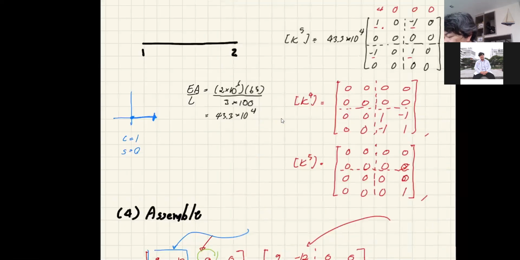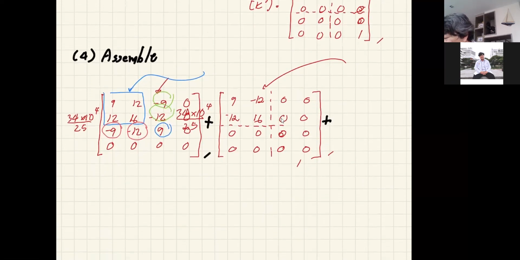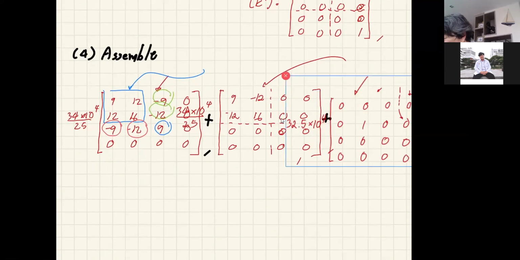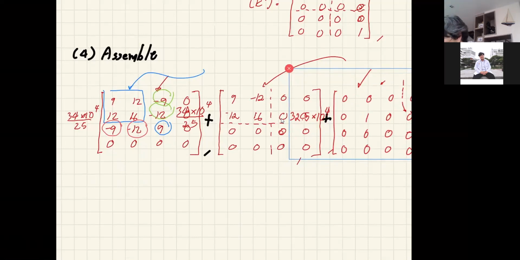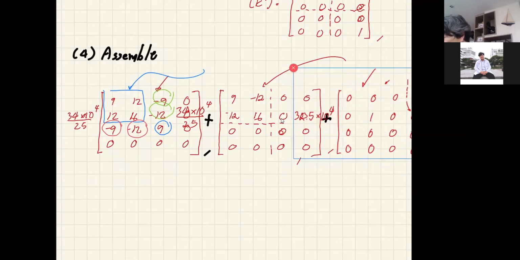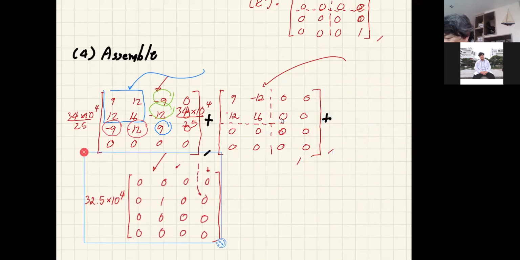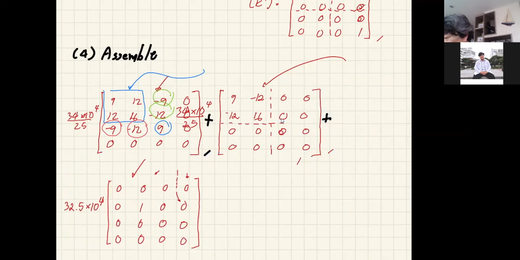Copy. Paste. Okay, it's a little bit off. Right, okay, let's put it here. Okay, I forgot this. I did not copy everything, so just make sure that you don't forget. This also has the term 34 multiplied by 10 to the power of 4 over 25 in front of it.